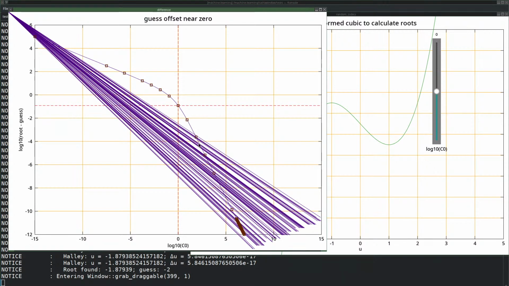And then at +5 we reached 9 or something. No, wait, 9 is here. A little bit less than 9.